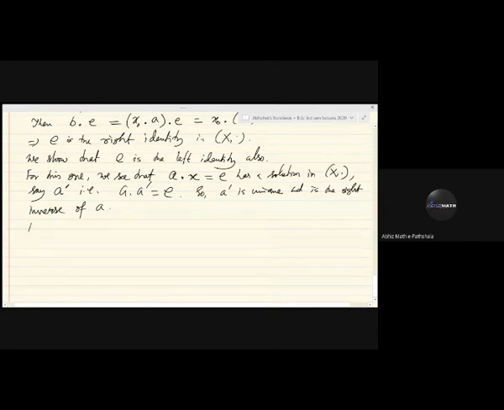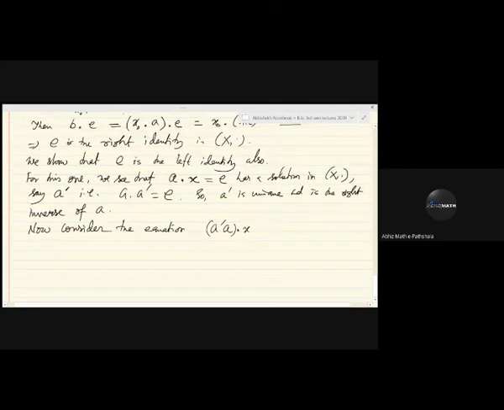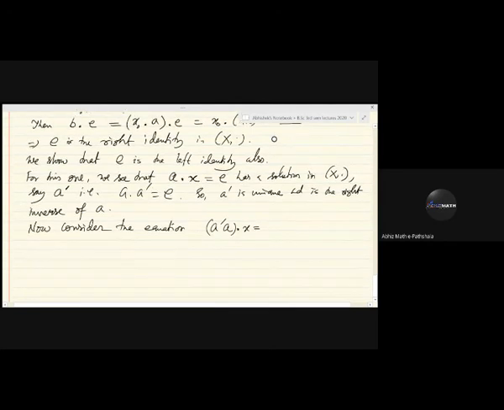Now consider the equation a dashed a dot x equal to identity, which has a solution.